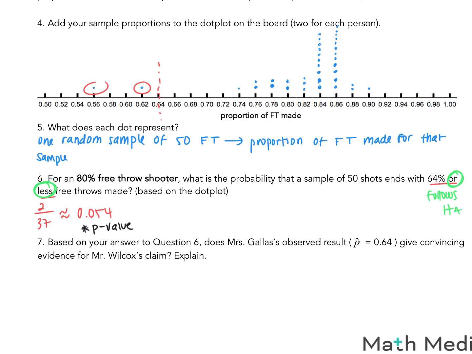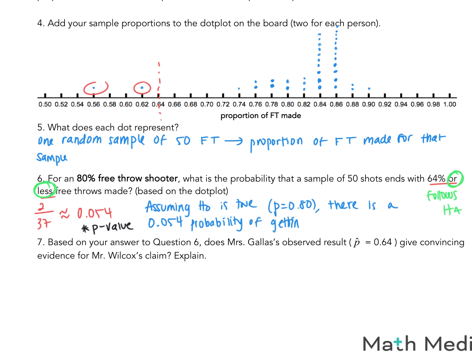If we were to interpret this or put this into words, we would say, assuming H0 is true, so assuming she really is an 80% free throw shooter, there is a 0.054 probability of getting a sample proportion, a p-hat, of 0.64 or lower just by chance.